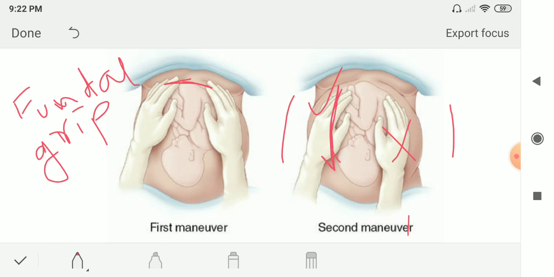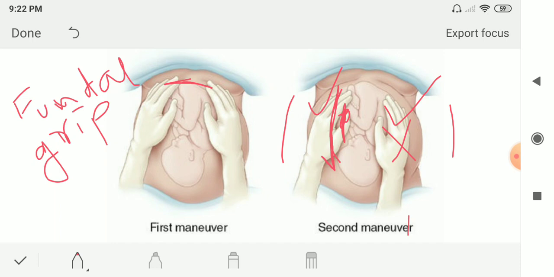If the fetal back is toward the right, here we cannot feel a smooth area. Here we feel that it is not a regular part; there is some bony area, there are some protrusions. So we can say that the back is not on this side.